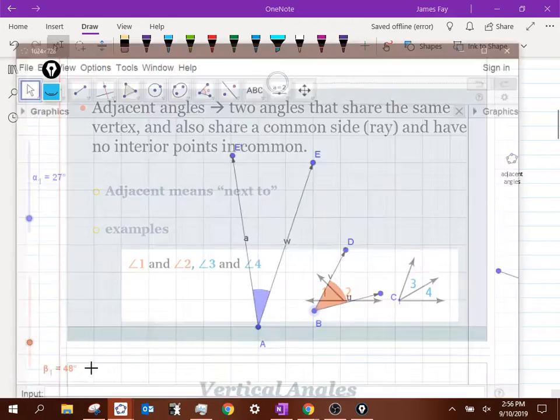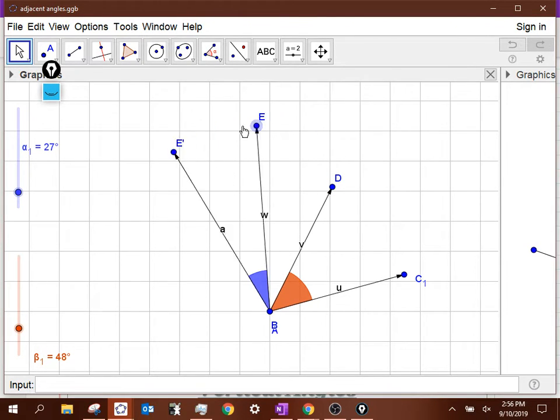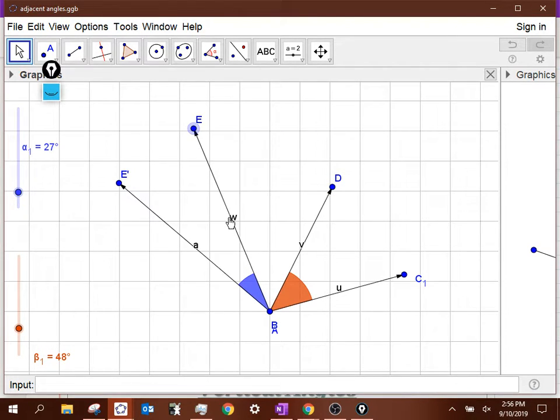So when I look at this picture here, do these two angles share a vertex? No, right? Okay. Do they now share a vertex? They do now share a vertex. Do they have a common side? No. Okay. These are separate sides here. So side W and side V are separate.